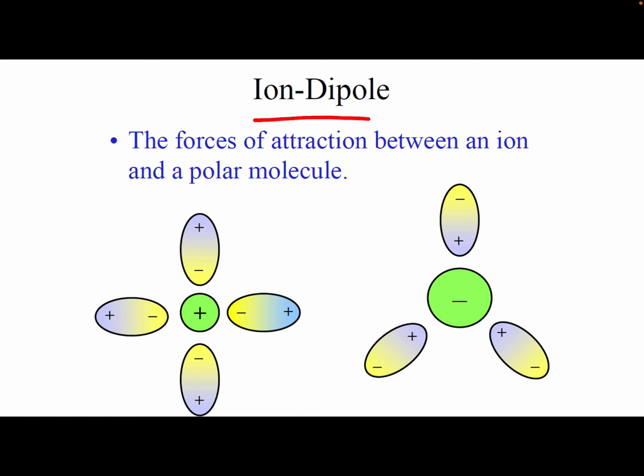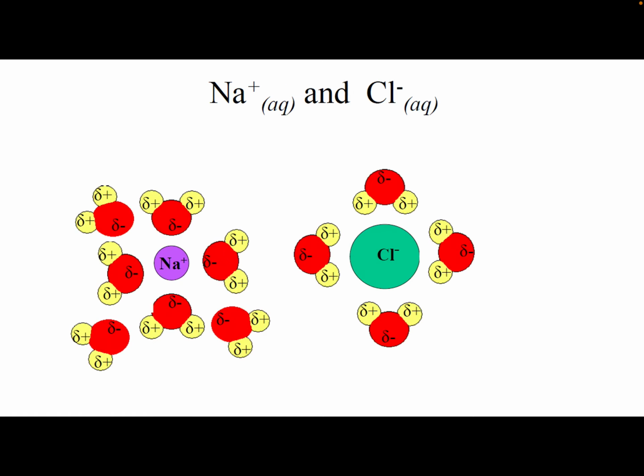And so what will happen is that your ionic compound will ionize, break up into its positive and negative ions, and then your polar molecule, the more slightly positive part of a water molecule, will surround the negative ion. The more negative part, or the oxygen end of a water molecule, is going to surround the positive ion. So an ion dipole force.